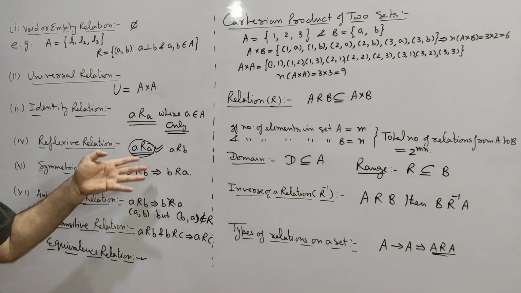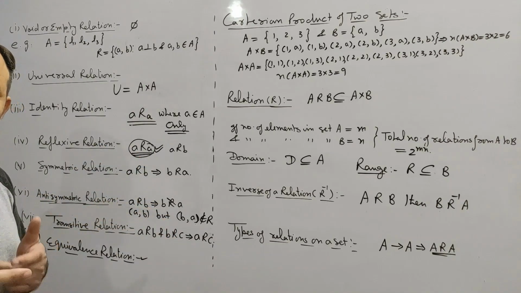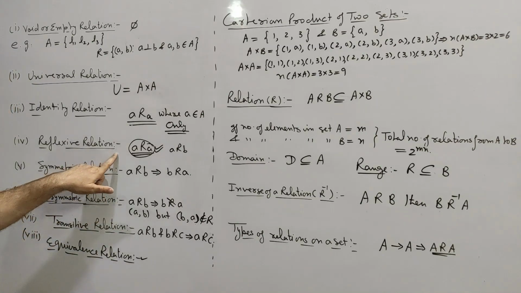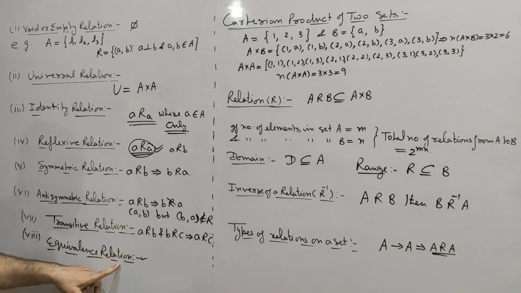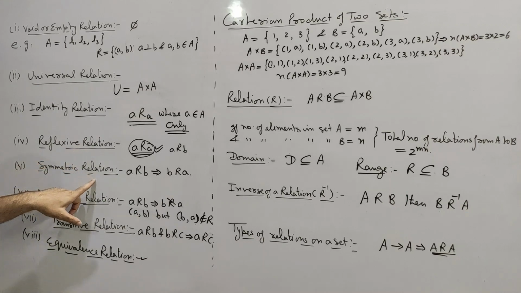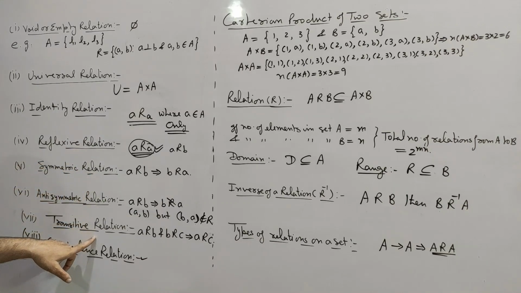And since in our example the relation parallel to defined on the set of parallel lines was reflexive, symmetric and transitive, this relation is an equivalence relation. So whenever we have to prove that a given relation is an equivalence relation, we have to prove that the relation is reflexive, it is symmetric and also it is transitive. Then it will be an equivalence relation.